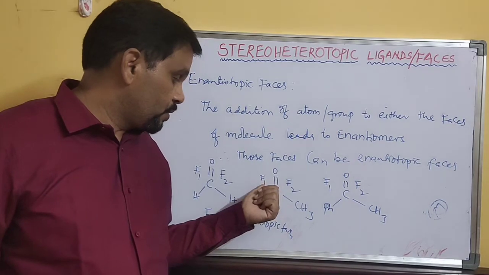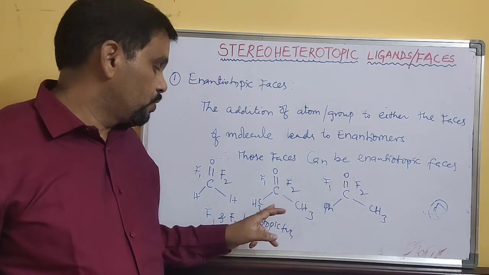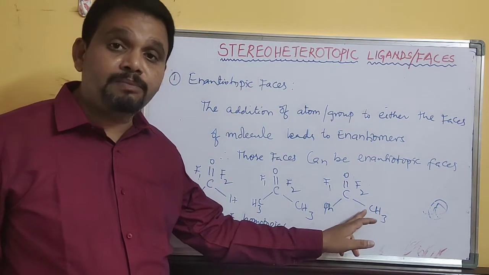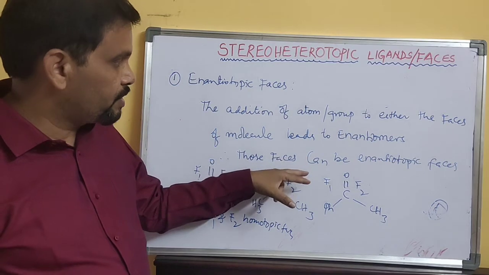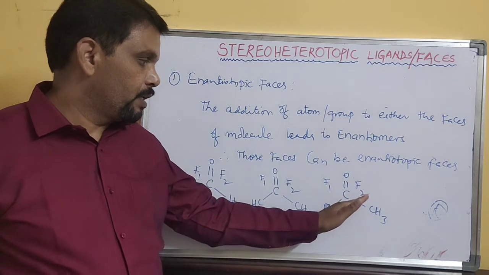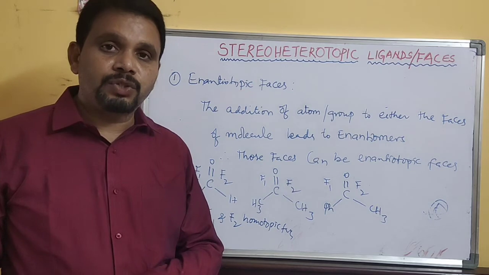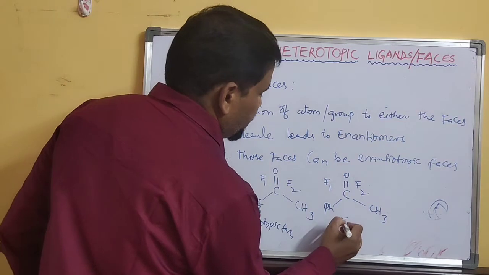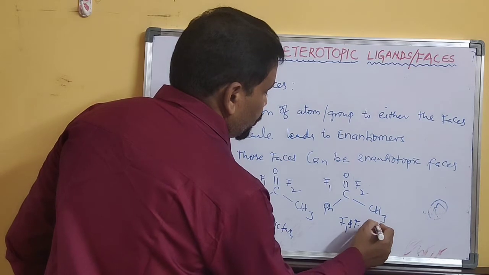In this example also, homotopic faces, because the two groups or atoms are the same in this molecule. What about this? This example is different. If a new atom or group is added through this way or through this way, you will get different isomers. They are nothing but enantiomers. Therefore, these two faces F1 and F2 can be considered as enantiotopic faces.